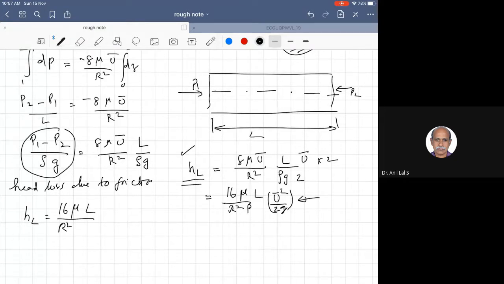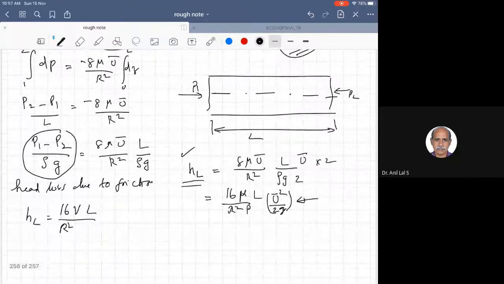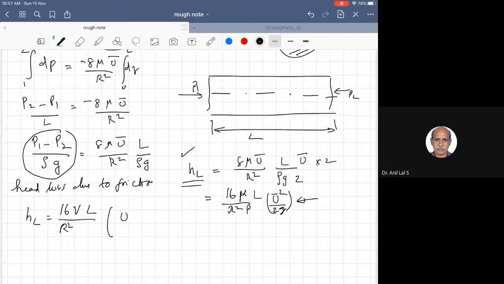Let me write mu by rho as nu, the kinematic viscosity, that is better. Let me rewrite r squared in terms of d: r is d by 2, so d into d is 4 and that 4 comes here.